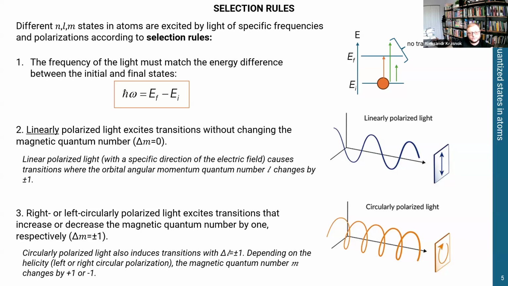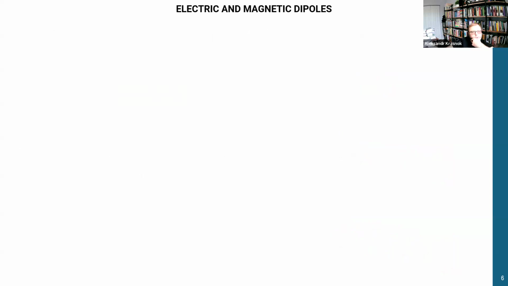This type of wave is emitted by transitions with a change in M. So if M changes, then we can get circular polarization. Today we're going to talk much more about these transitions and what kind of transitions can result in different types of light.